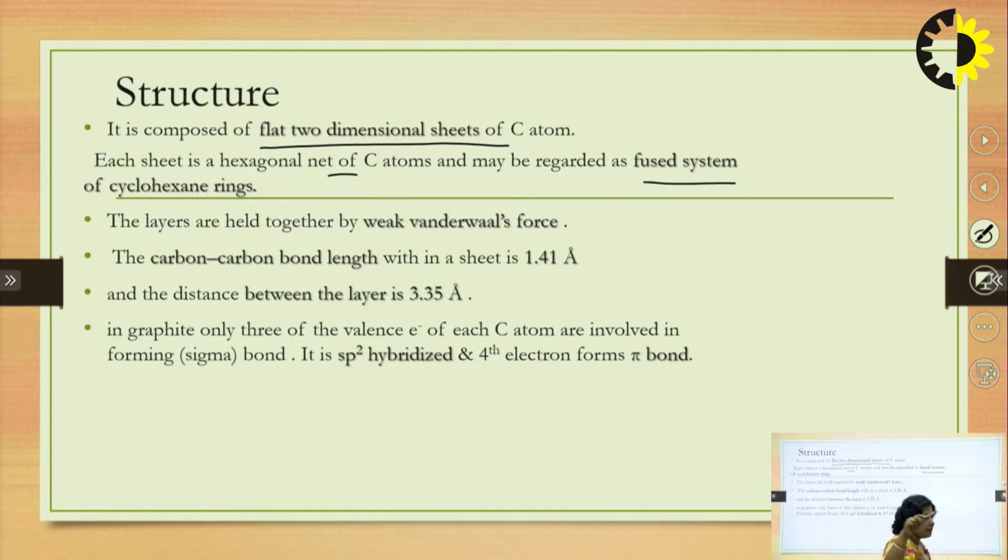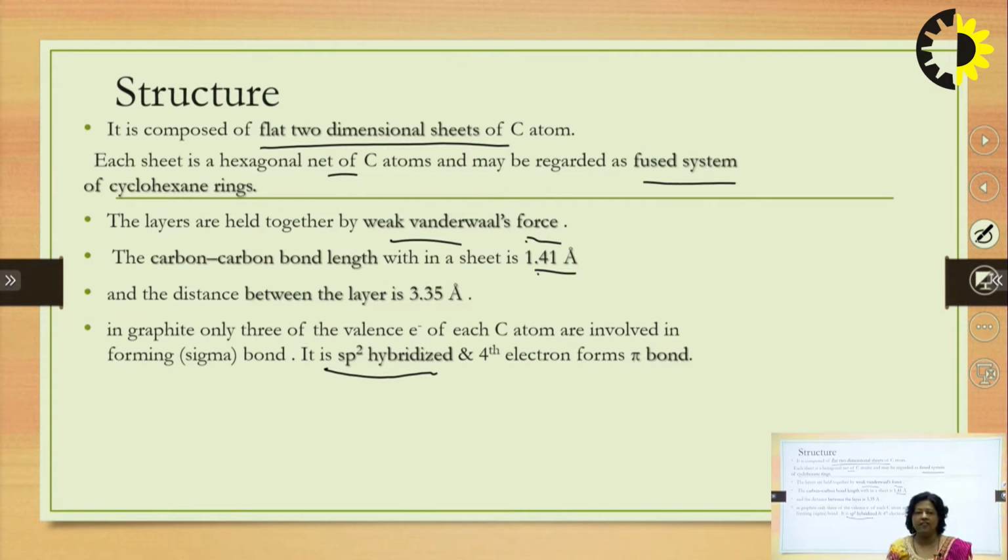It means there are collective hexagonal rings in graphite, and these layers, one layer over another layer, are held together by van der Waals forces. Carbon-carbon bond length within the sheets is 1.41 Angstrom and the distance between the layers is 3.35 Angstrom. These are the salient features important for the structure of graphite, and most important is hybridization.